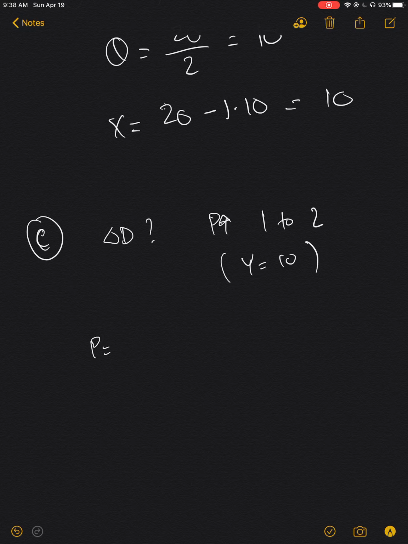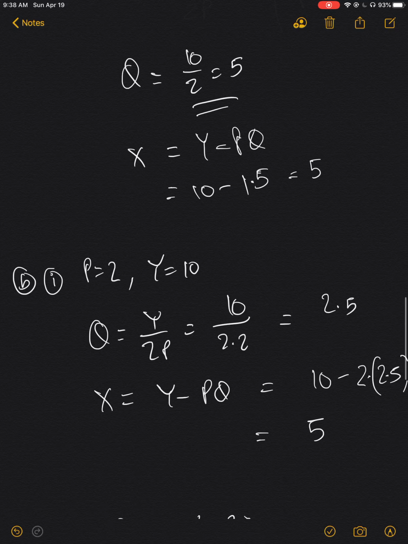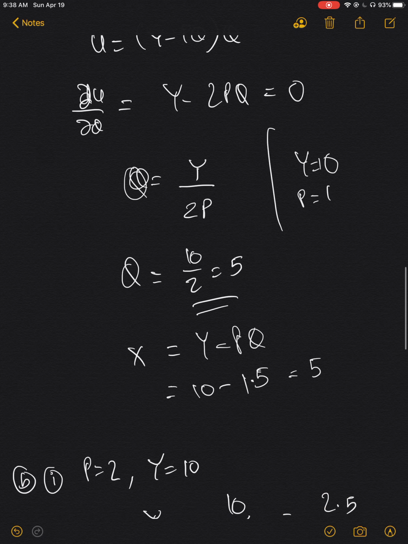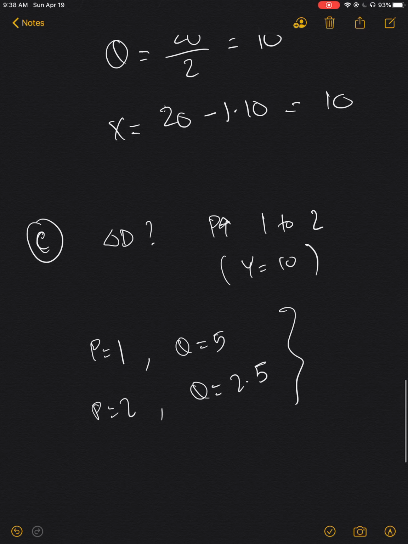When P equals 1, the environmental quality is 5, and when P equals 2, the environmental quality the consumer chooses is 2.5. If you're confused where I'm getting these, it's what we did in part A, where we figured out that Q is 5 when P is 1, and over here that when P is 2, Q is 2.5.